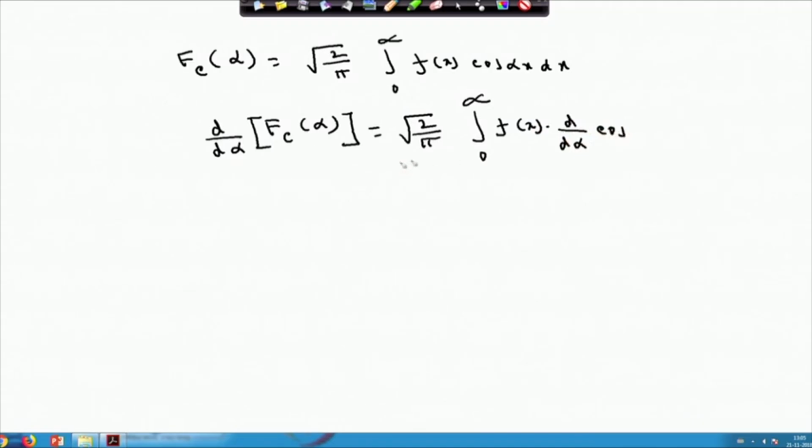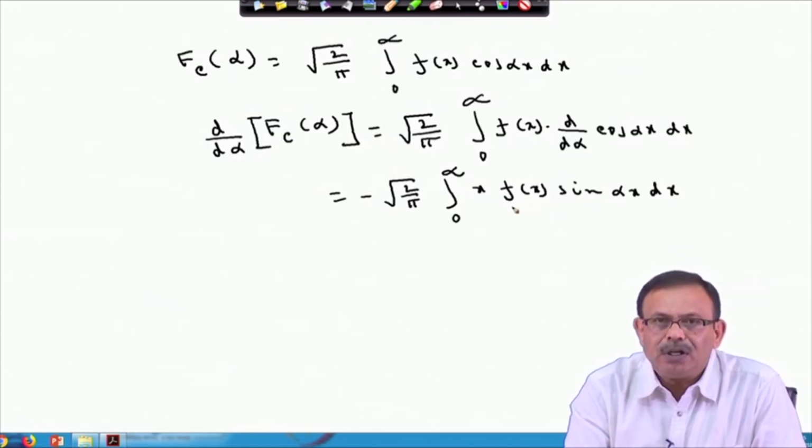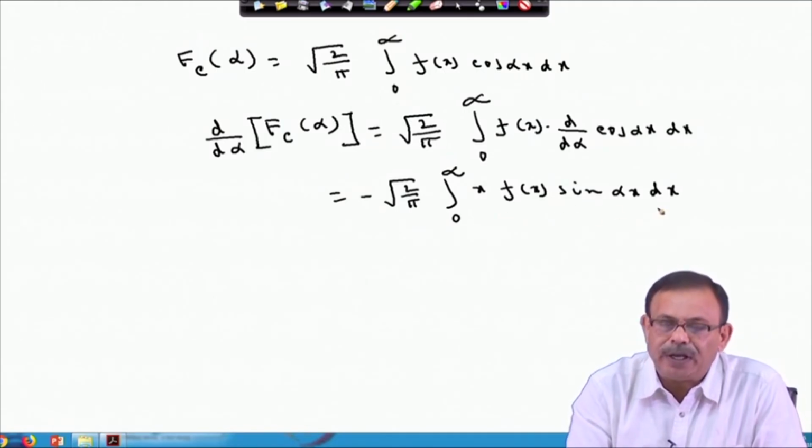I can bring this inside the integral sign, so that if I differentiate this, cos of alpha x is there, so minus will come, x f x into sine of alpha x dx. And what is this? This integral is nothing but the Fourier sine transform of x f x, root over 2 by pi, integral 0 to infinity, x f x into sine of alpha x dx.